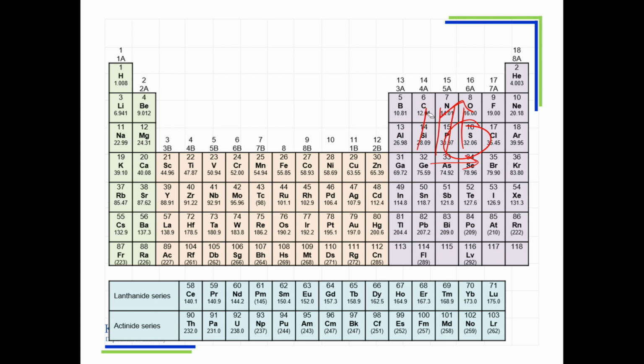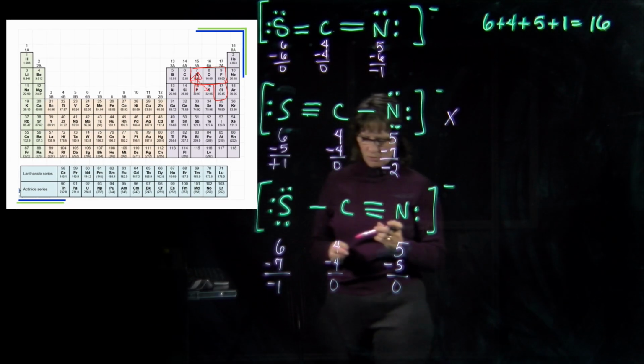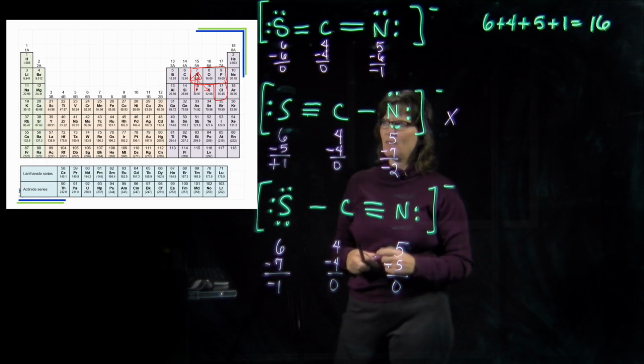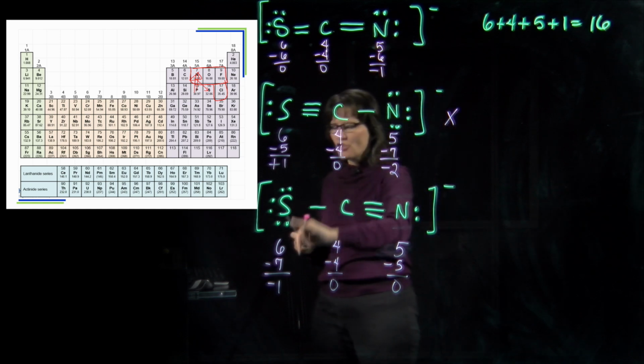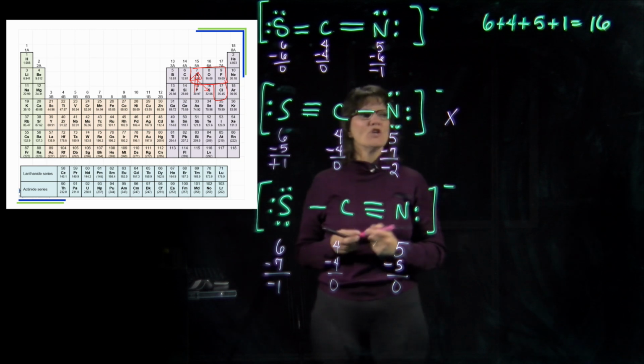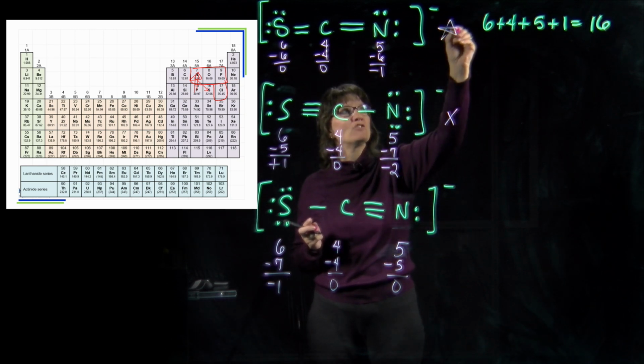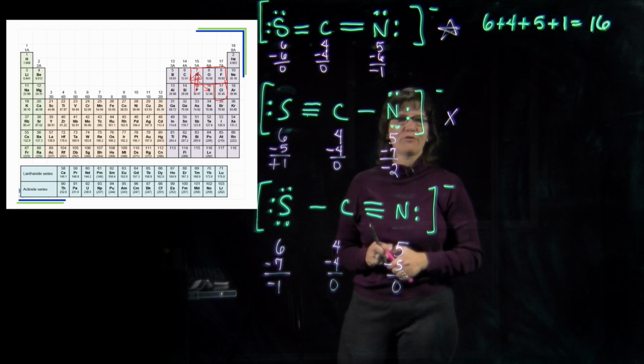These elements across the top here are the most electronegative, and then we can throw in our chlorine. So even though sulfur is further to the right, it doesn't trump the fact that nitrogen is higher, and this group up there is the most electronegative. So nitrogen is more electronegative. So we can turn back to our light board again and then examine these two, and we've got nitrogen having the -1 formal charge, sulfur having the -1 formal charge. So that makes this the best Lewis structure of the three.